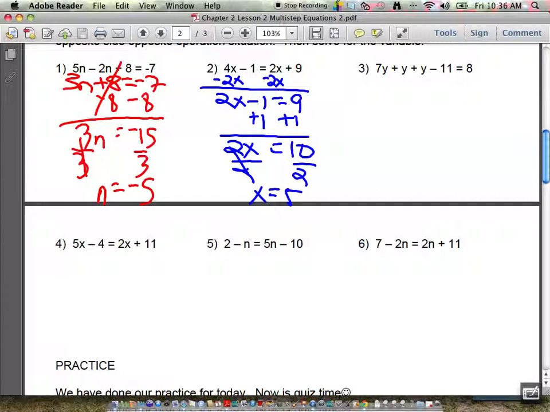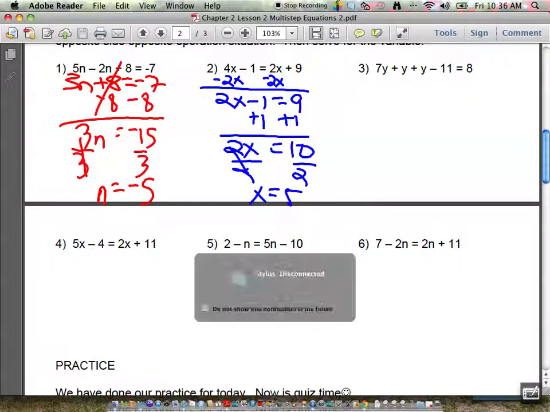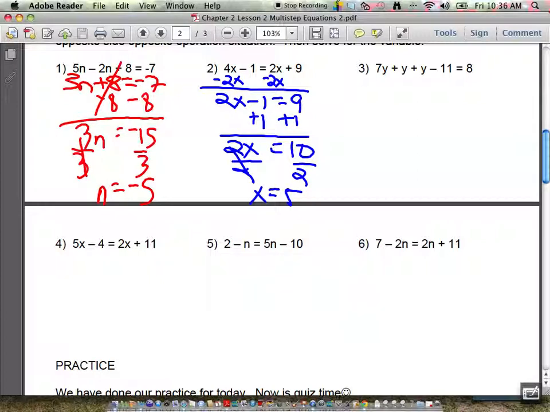Okay, look for that same side, look for the opposite side. Come on, keep working back there.